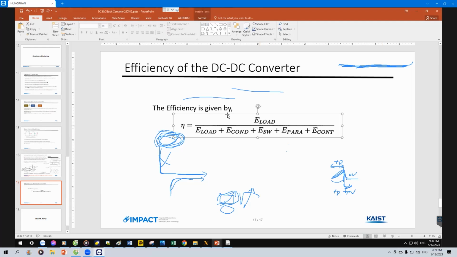Actually, this is the most important thing in a DC-DC converter. We always try to have high efficiency.